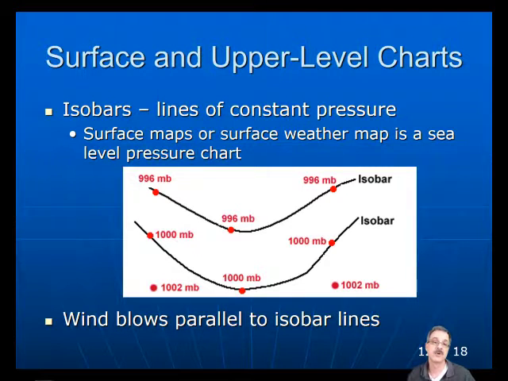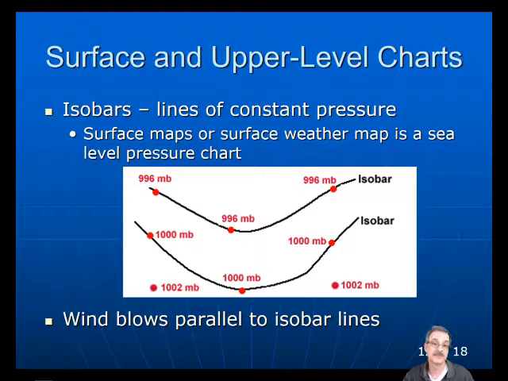All right, so the way we chart these pressure lines is something called an isobar chart. You remember we made lines of constant temperature graphs, our isotherm plots. Well, they also have isobar plots, lines of constant pressure that go across the weather map.